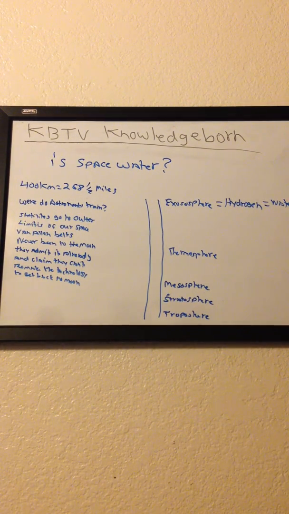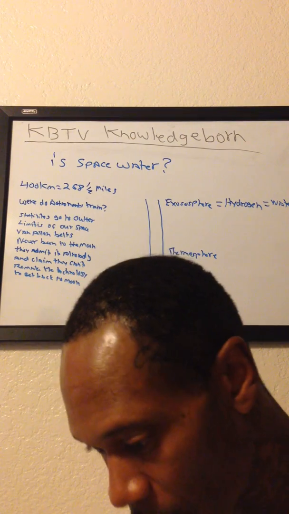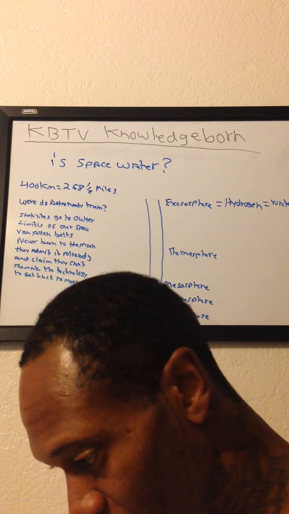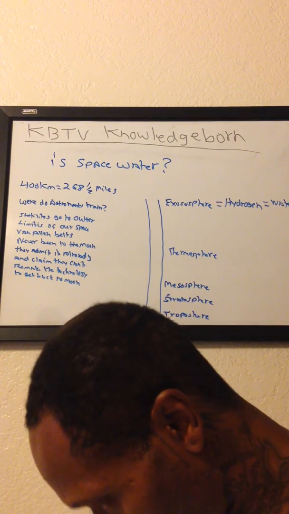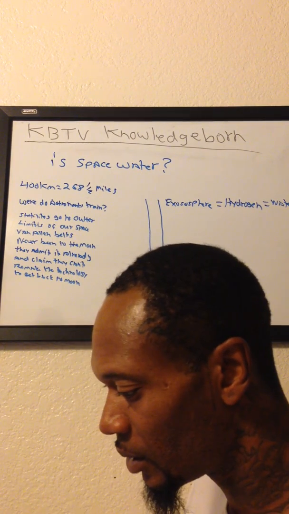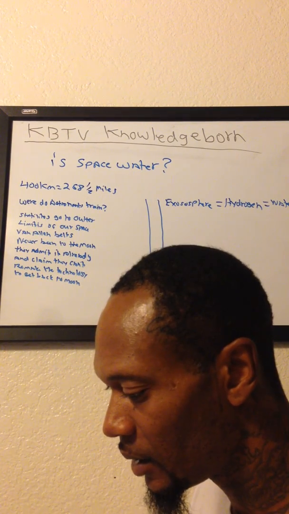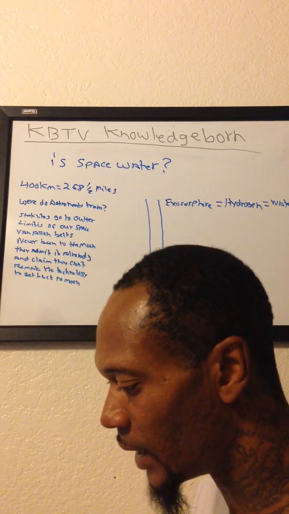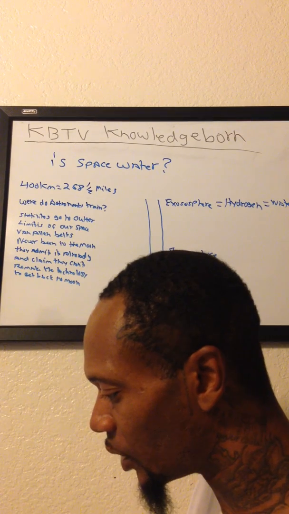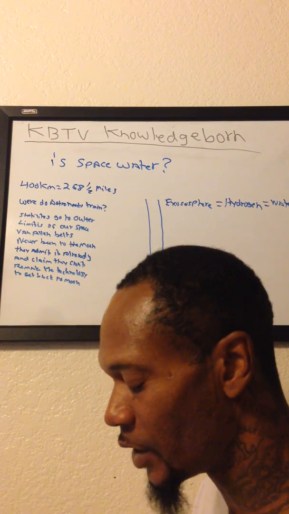Now, I'm going to read something else to you guys. Bear with me, y'all. A potentially deadly spacesuit water leak that nearly drowned an Italian astronaut during a spacewalk last July was one of the scariest close calls in NASA spacewalk history.